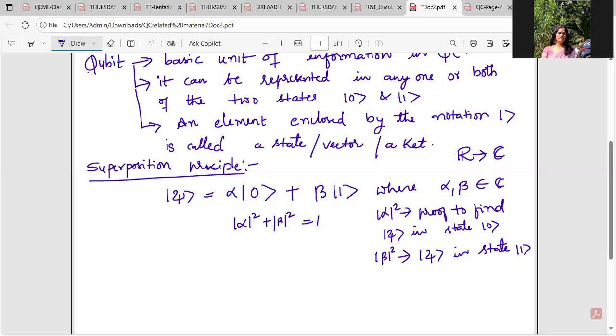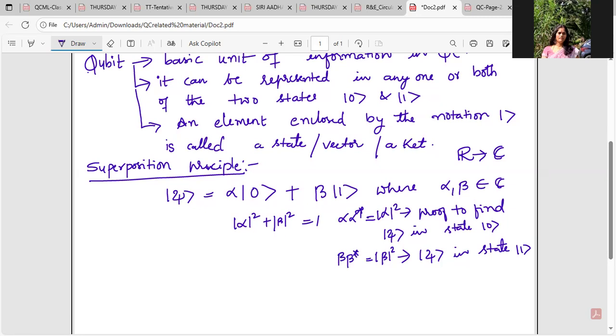Okay. Of course, because I'm talking about complex numbers, mod alpha square is the product of alpha and its conjugate. Similarly, mod beta square is the product of beta and its conjugate.